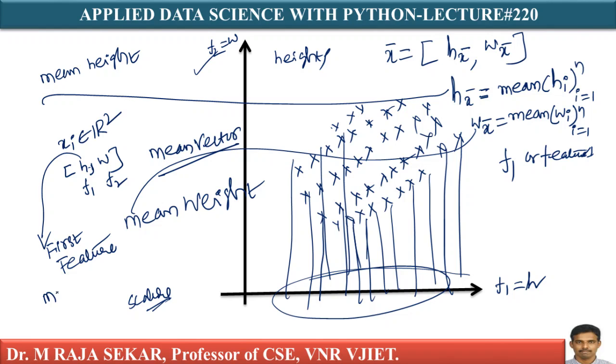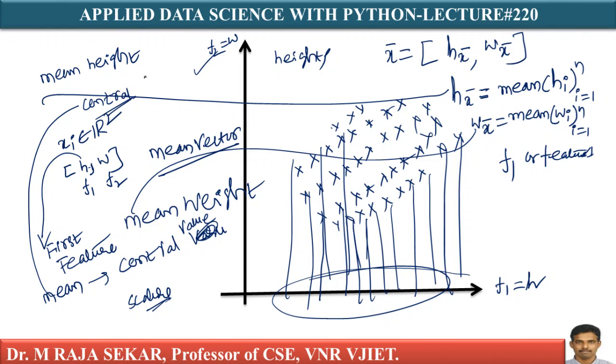I already discussed in my statistics classes that mean is one of the central tendencies. I'm calculating the central value for heights and the central value for weights.